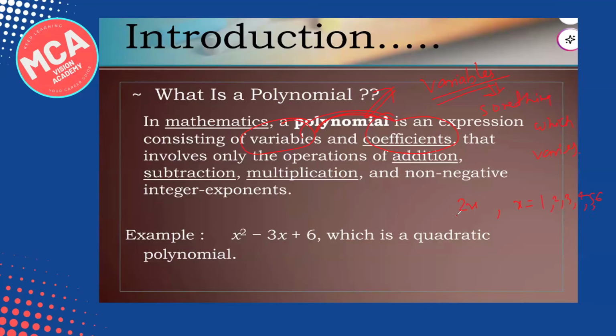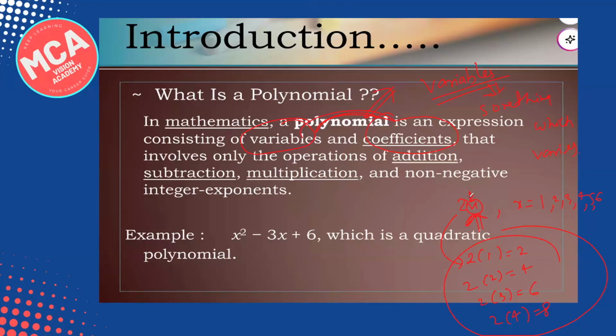So इसका value देखो vary कर लेगा. 2 into 1, so the answer is 2. 2 into 2, so the answer is 4. 2 into 3, the answer is 6. 2 into 4, the answer is 8. So the value varies. We are putting the values into x. This is a variable, and the whole answer depends on this. That's why we call this a variable.